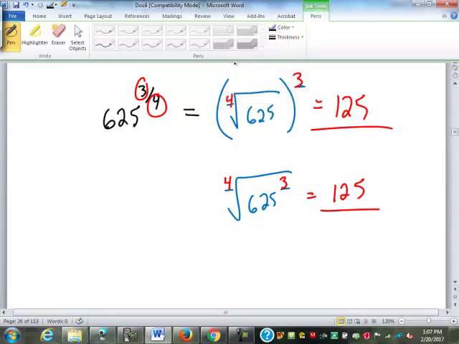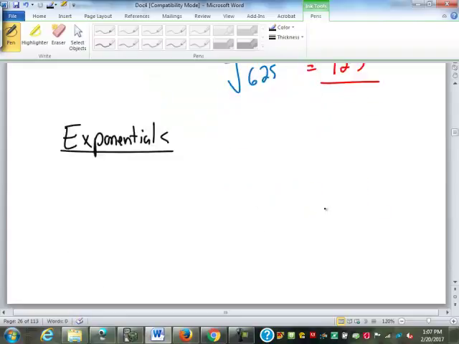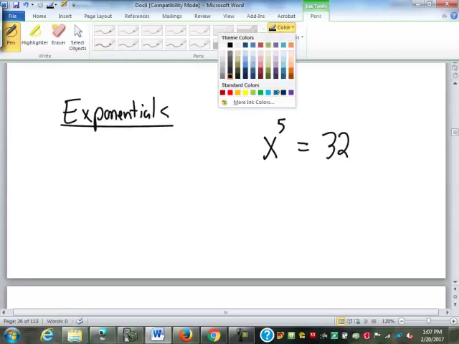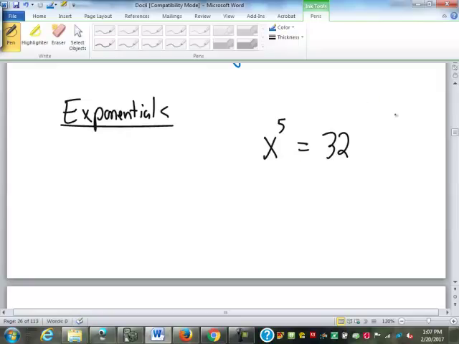Why are we dealing with this? Well, because the next thing we're going to talk about is something called exponentials. In an exponential, instead of having x to the power of 5 equals 32, how would we solve this for x, by the way?